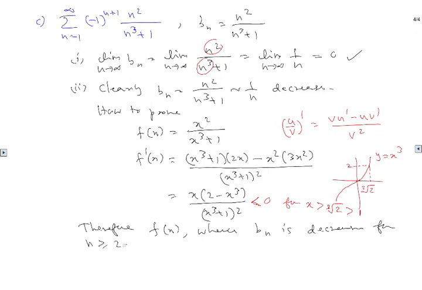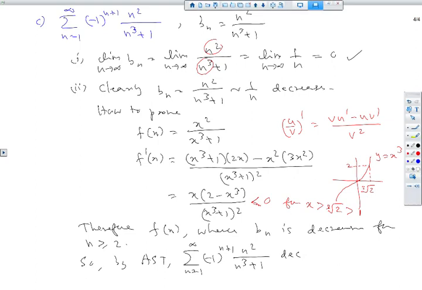That means the second condition is also satisfied. So by the alternating series test, the sum of (-1) to the n plus 1, n going from 1 to infinity, of n squared over n cubed plus 1 converges. I'm sorry, converges, not decreases.